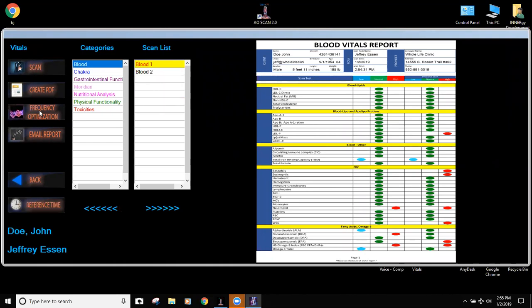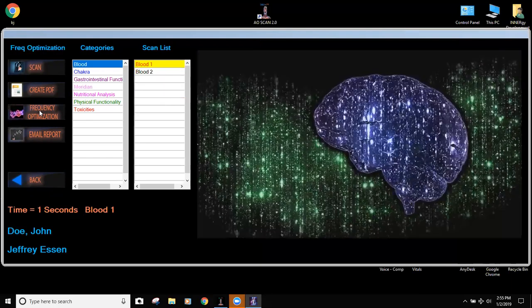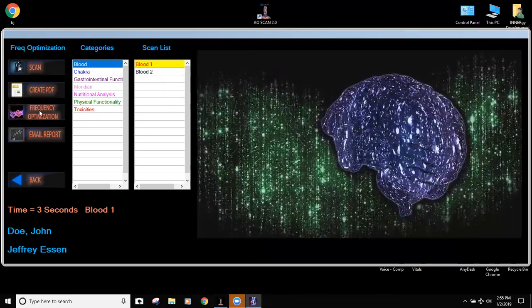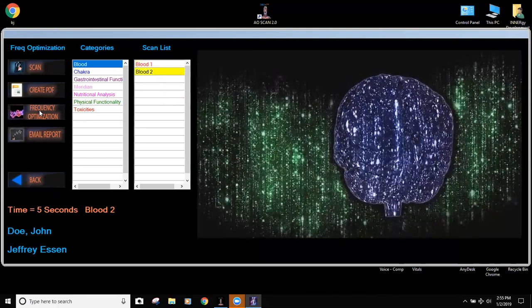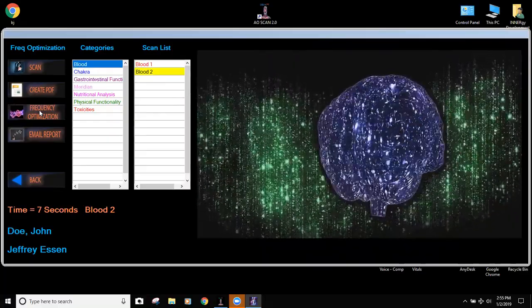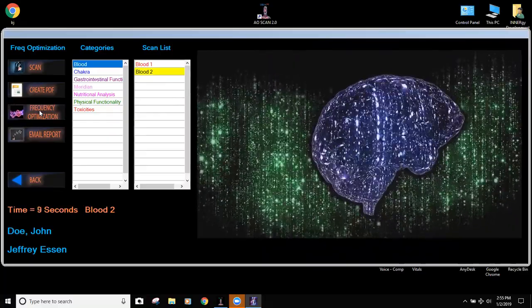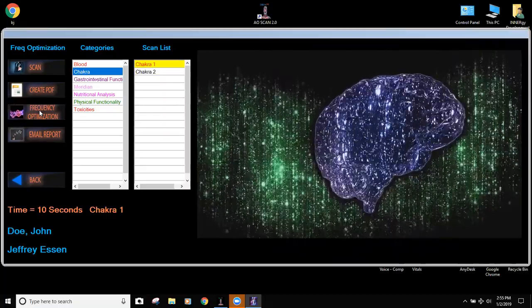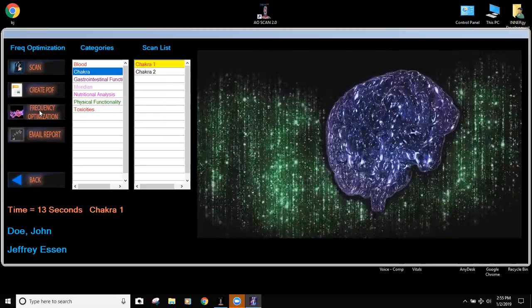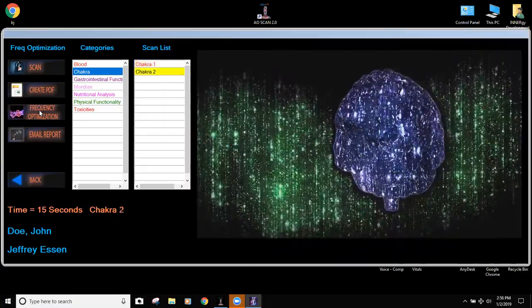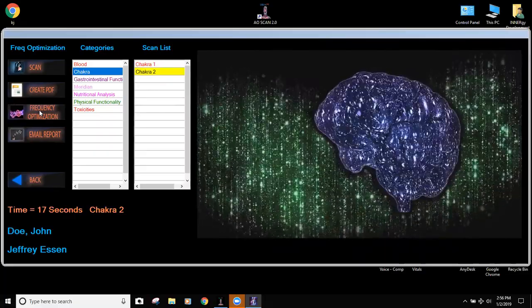Now, we want to do a frequency optimization right away. We don't want to necessarily work with the numbers from the original scan. We want to work with the numbers that were derived from a corrected scan. Again, explaining this to the clientele, you can say that the original scan may have had some false positives.